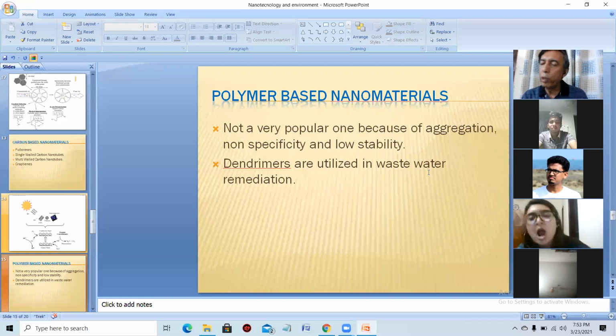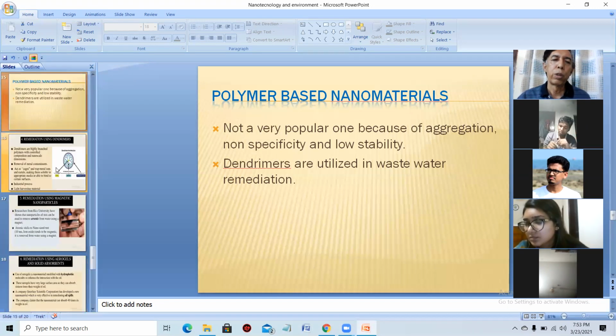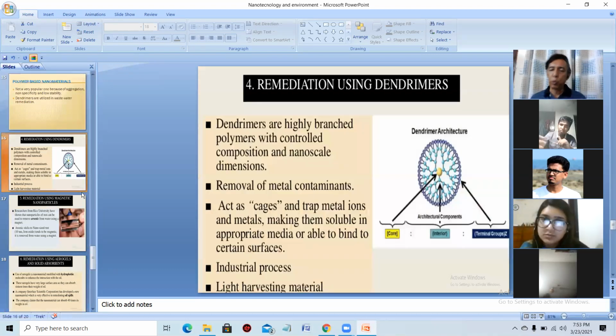Can you remember what a dendrimer is? A dendrimer means a large polymer with a definite tree-like shape. Only dendrimers can be used to remove the contaminant. So you see, this is a dendrimer, and the contaminant is trapped inside the dendrimer.